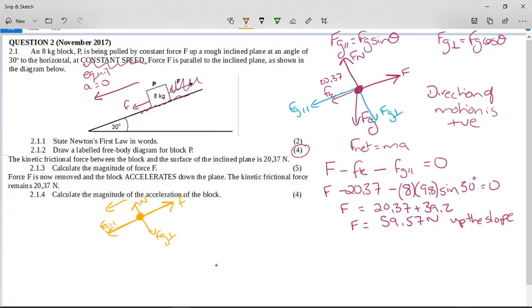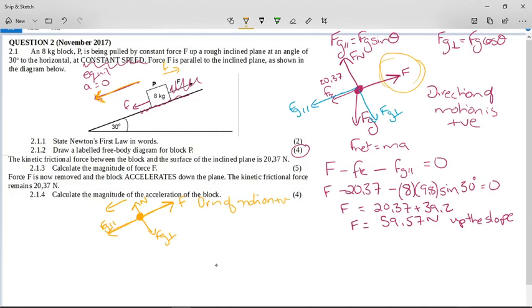So I have removed this big force F over here. But in removing this force, the weight of the box starts pulling it down the slope. And the moment it goes down the slope, my friction switches over to the other side. So now the block is accelerating. Again, the direction of motion is positive.